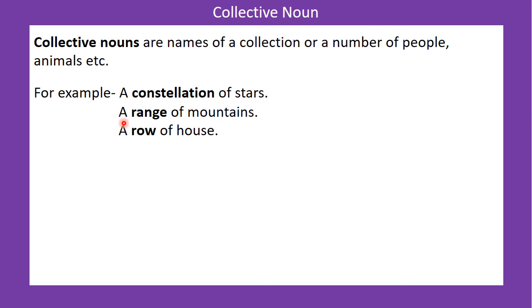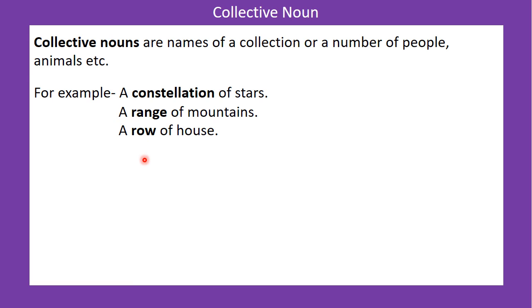Next, let's move on. It is a range of mountains. So instead of saying again and again group of mountains, we can directly use the word range, because range itself says that it is a group of mountains. Next is a row of houses.